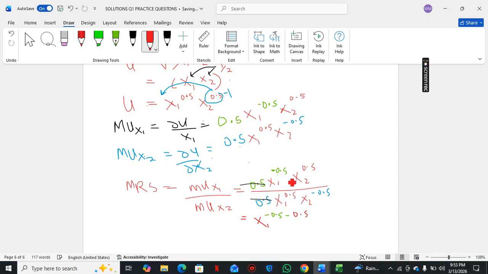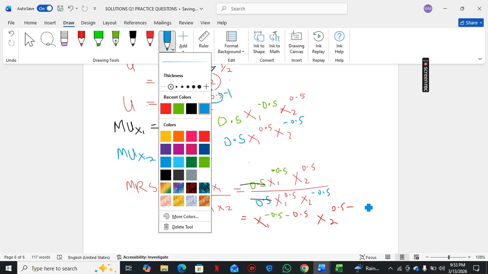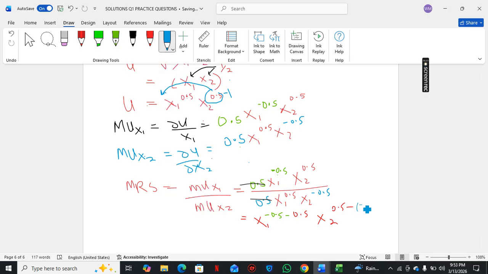We're just subtracting these two powers here. Then for x2, you're going to have 0.5 minus negative 0.5. So negative 0.5 minus 0.5, you get negative 1.